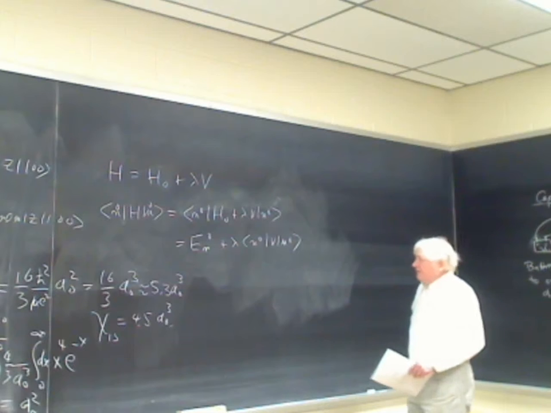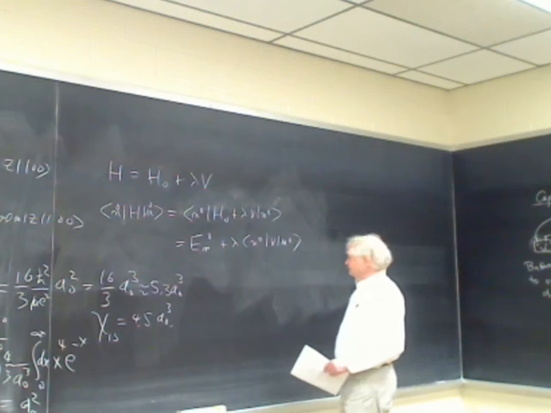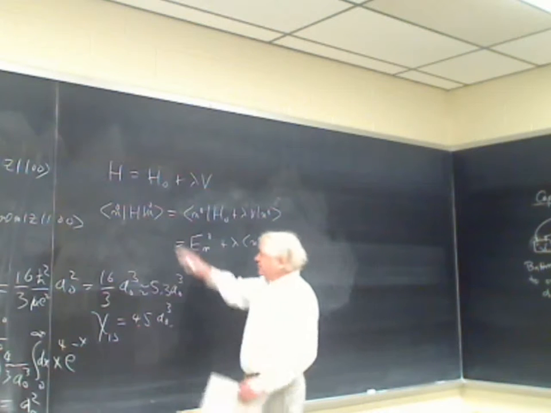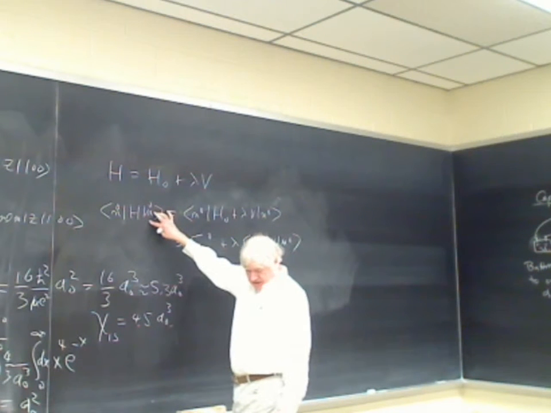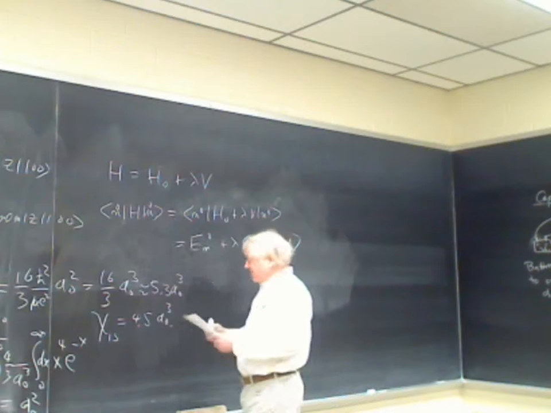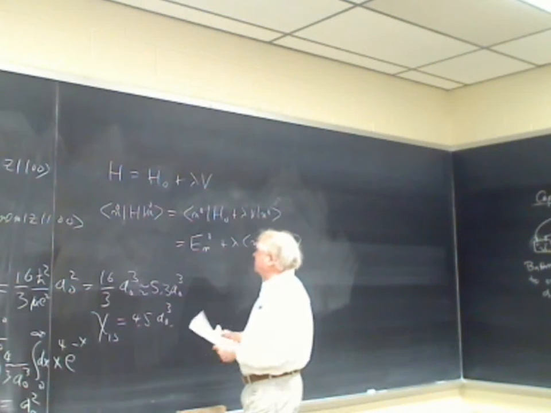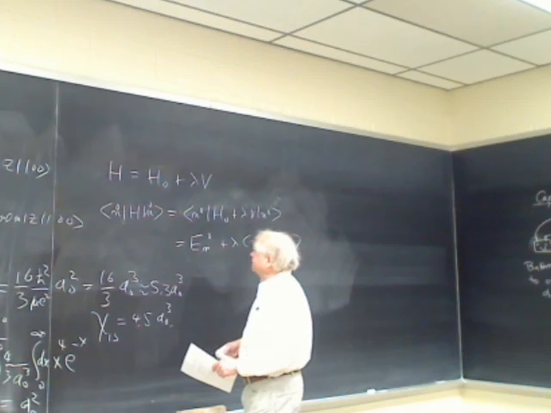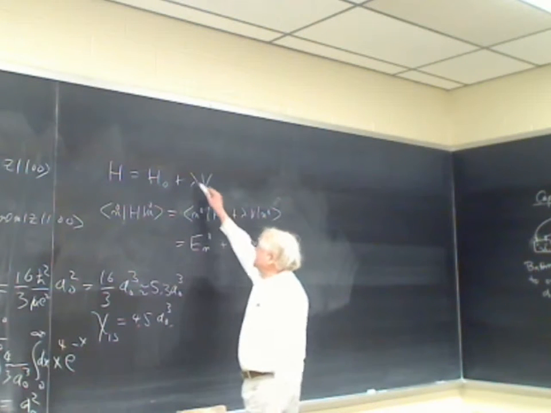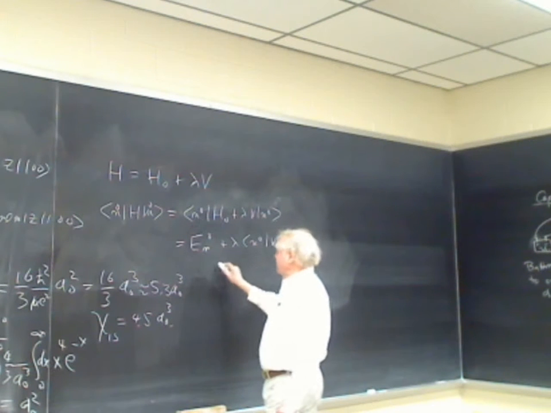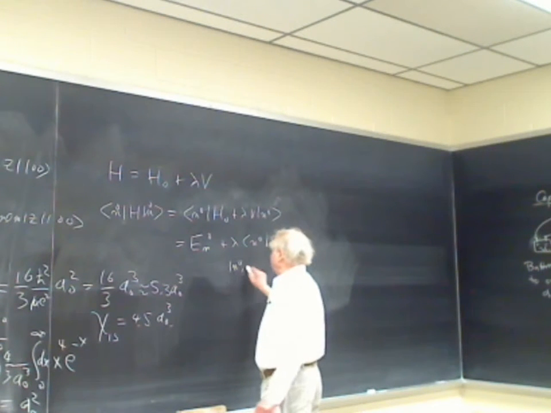But now in degenerate perturbation theory, what you've got is several different eigenvectors of H0 that have the same energy level. So instead of having n0, you then have n0,i.